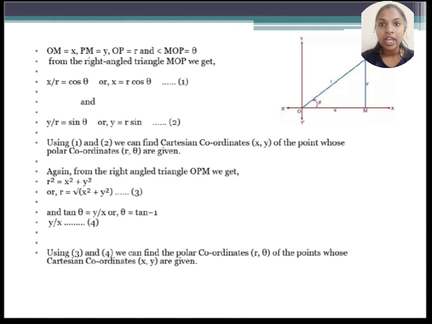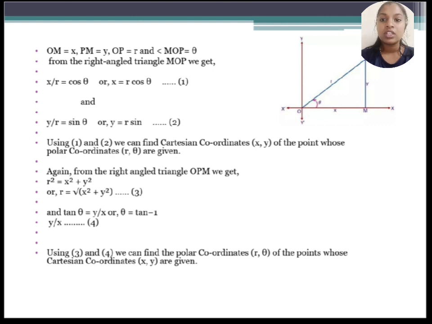Again, from the right angle triangle OPM, we get r square is equal to x square plus y square, or r is equal to root of x square plus y square, equation 3, and tan theta is equal to y by x, or theta is equal to tan inverse of y by x, equation 4.